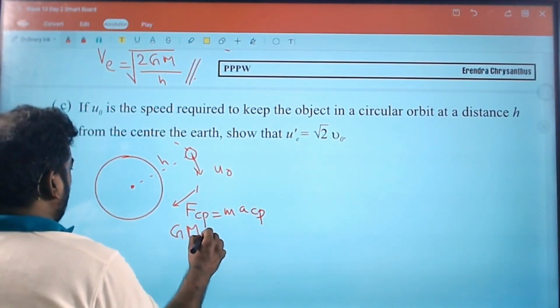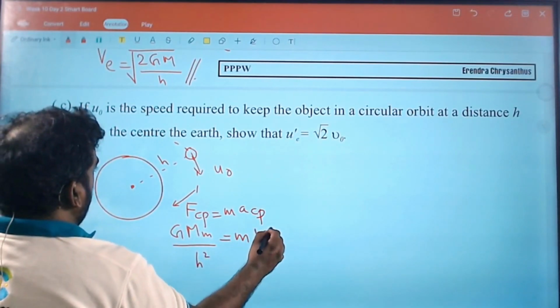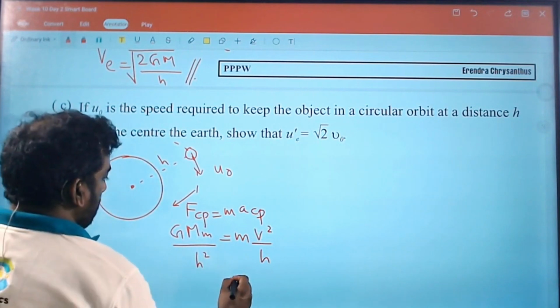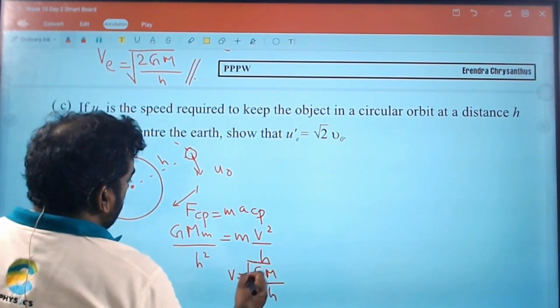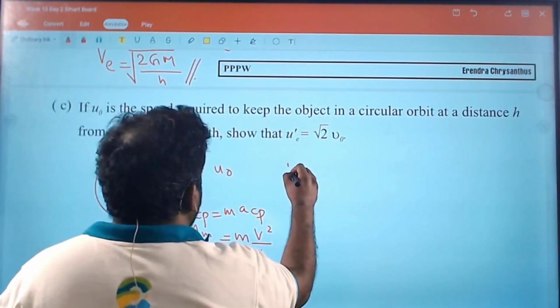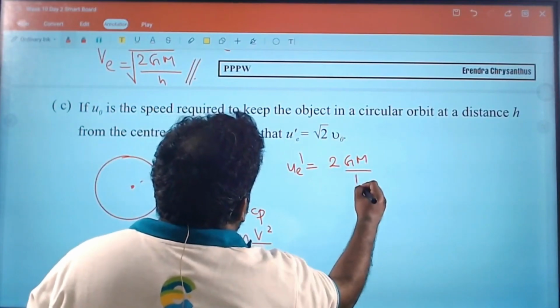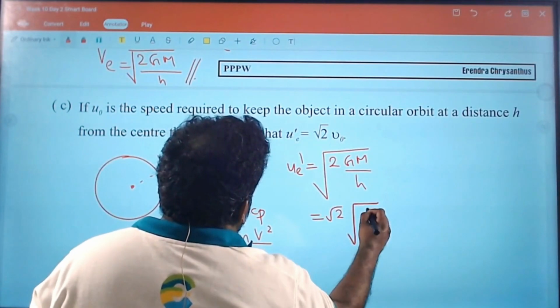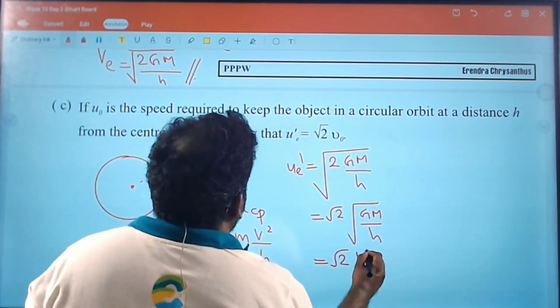G M m over h squared equals m v squared over h. So v is equal to the square root of G M over h. Escape velocity is the square root of 2 G M over h, which is root 2 v0.